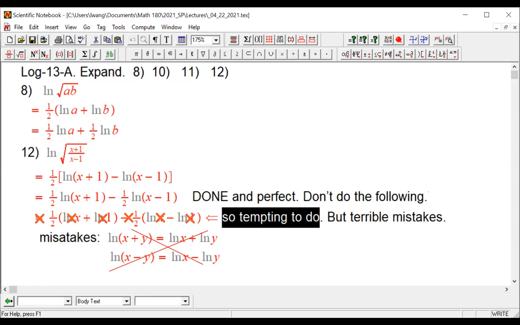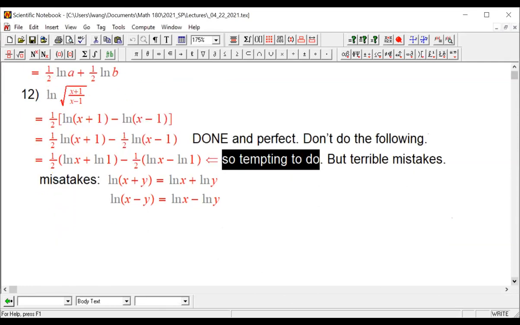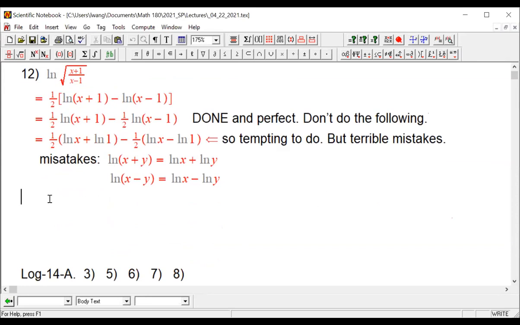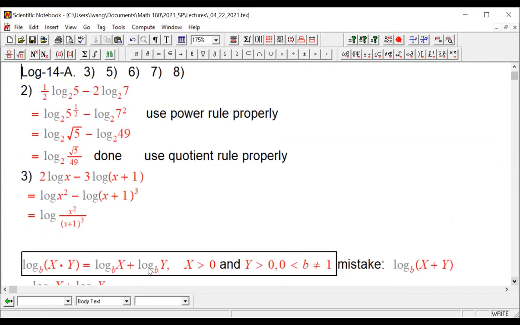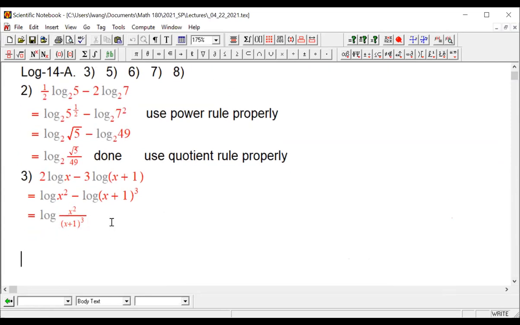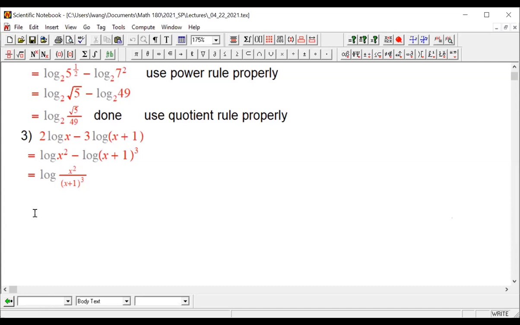Without further ado, let's do a couple if we can on 14A. Now I'm going to take the lead because we're getting near the end of the class. If you have questions, please don't hesitate. You just need to practice after class and redo everything we did in class.